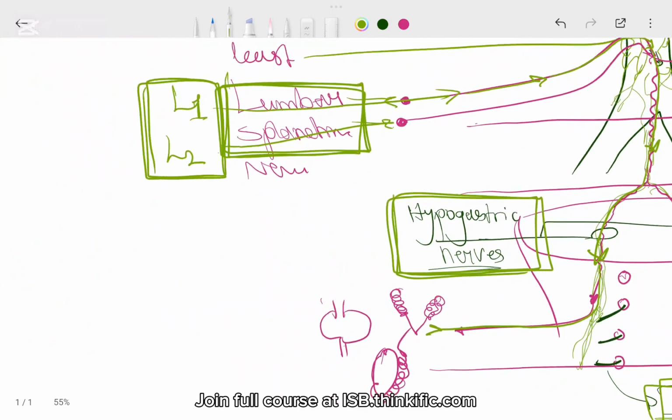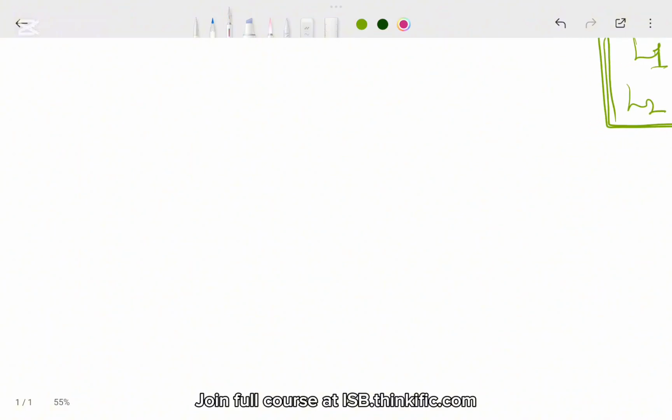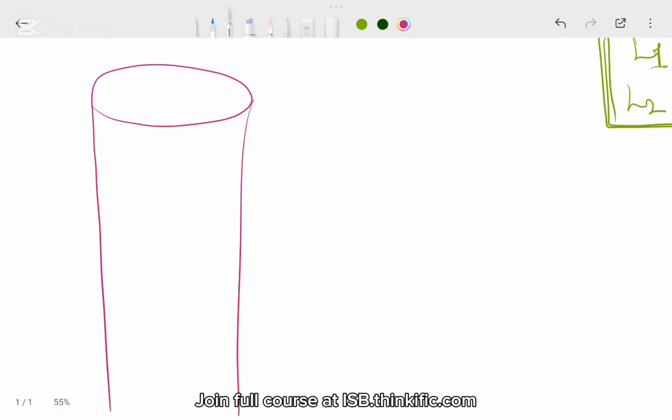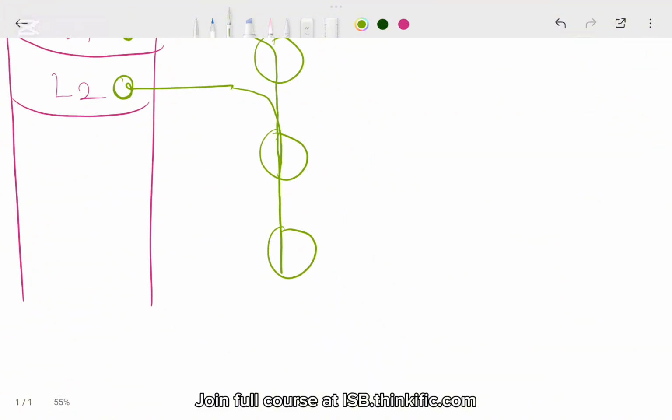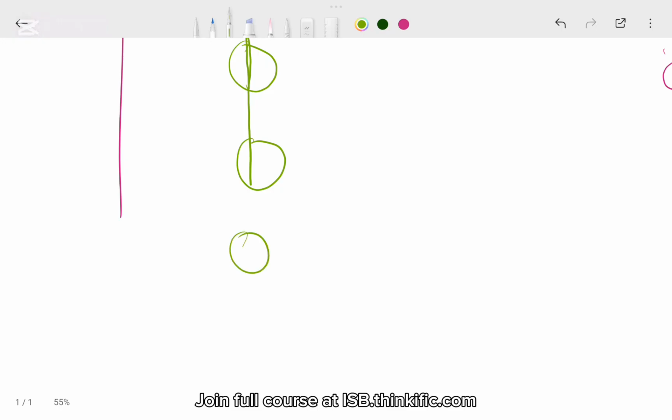Simply what's happening, this is the spinal cord at level L1, L2. Some fibers coming from L1 and L2 come out, and instead of synapsing at the sympathetic ganglia at that level, they just don't. They just move down without synapsing with the postganglionic neuron and descend down to the sacral ganglia in the sacrum.